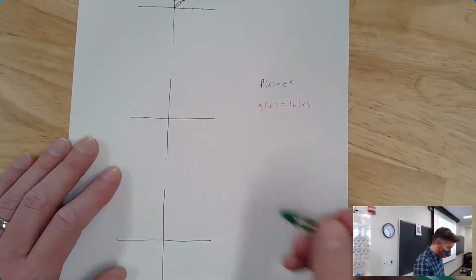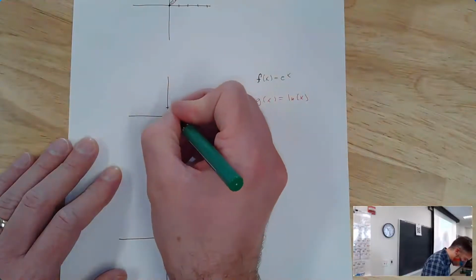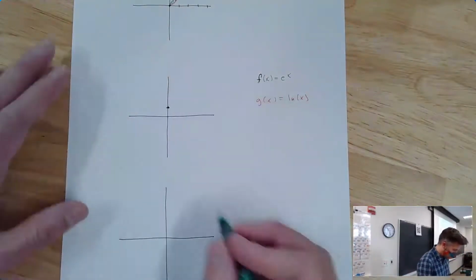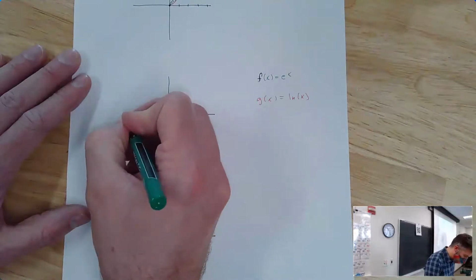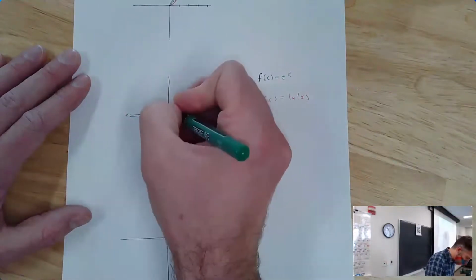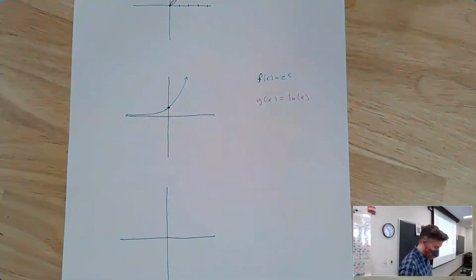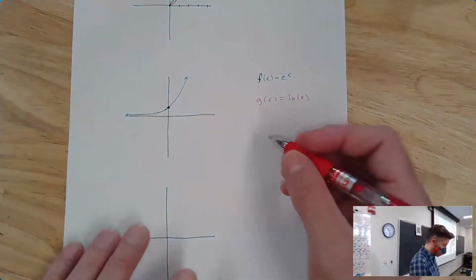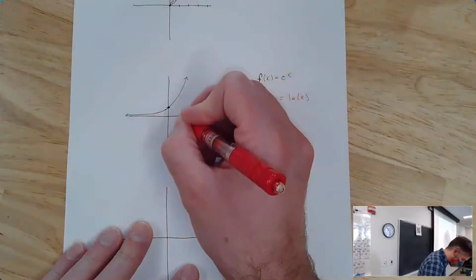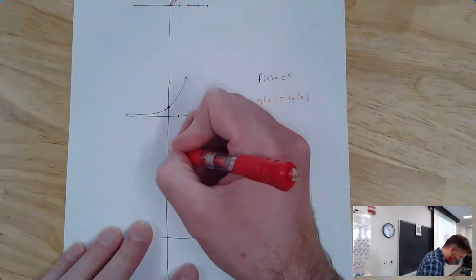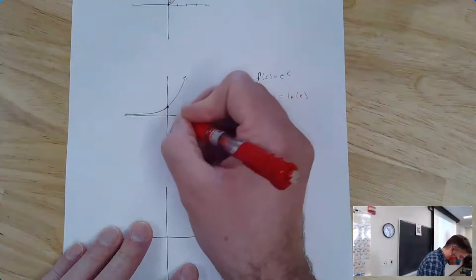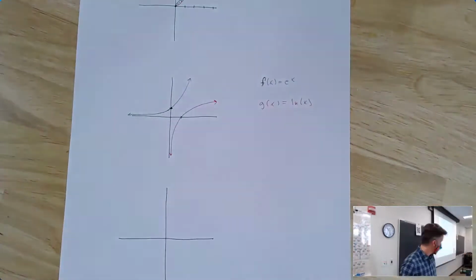We know that e to the x has a y-intercept 0, 1, has a horizontal asymptote to the left, and looks kind of like this. It's your basic exponential function shape. And the natural log of x has an x-intercept at 1, has a vertical asymptote at x equals 0, and has your basic logarithmic shape.